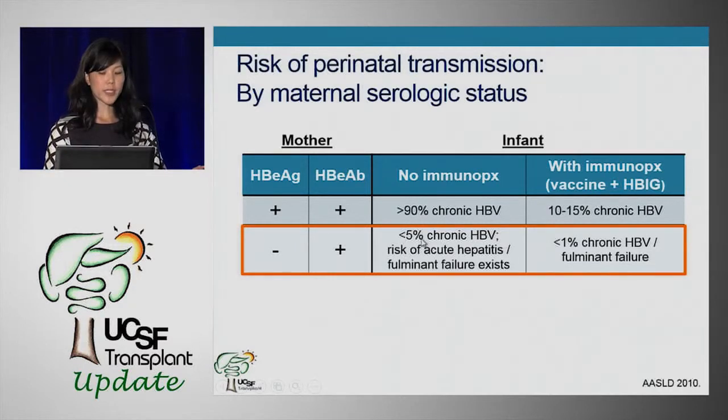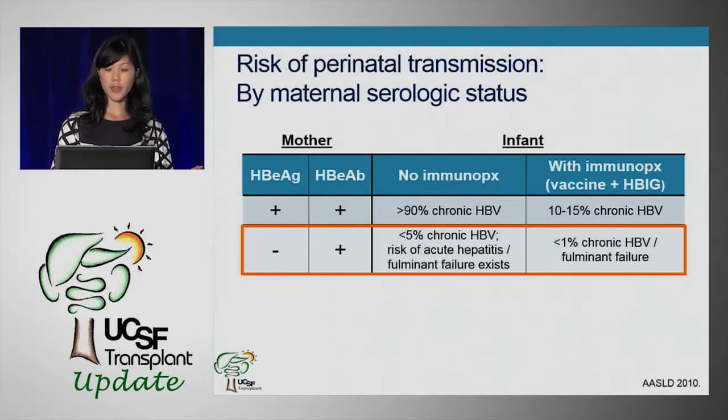It's less than 5%, although there is still a risk of acute hepatitis and fulminant hepatic failure in the infant. With immunoprophylaxis, that risk of viral transmission does decrease further, to less than 1% risk of developing chronic hepatitis B or fulminant hepatic failure.